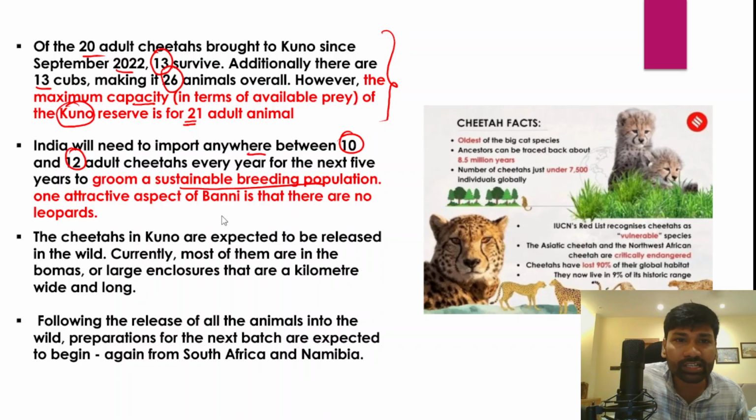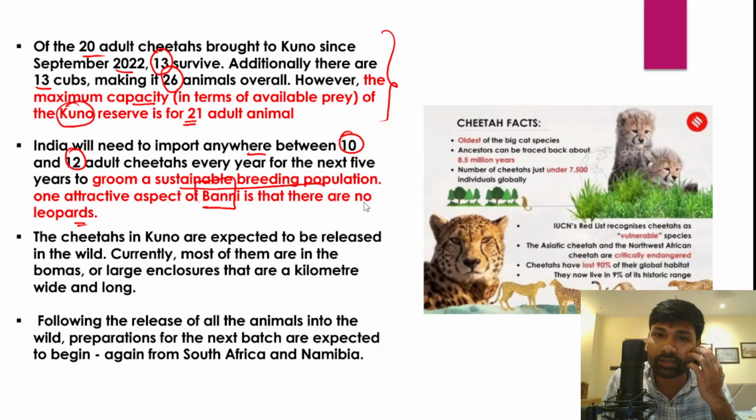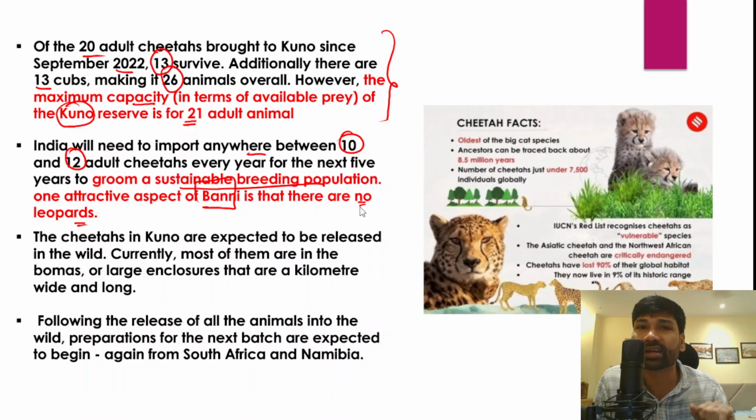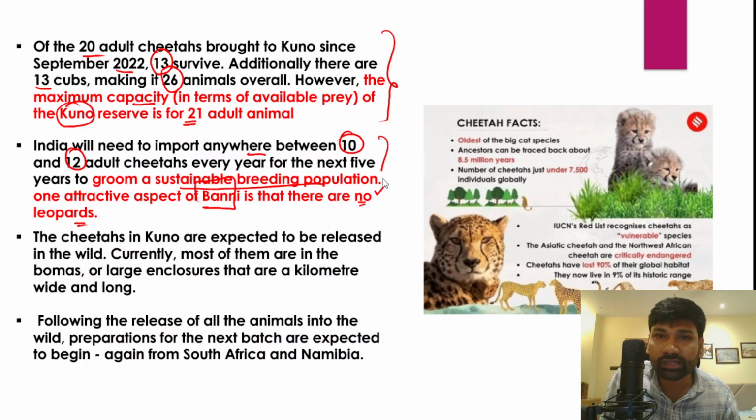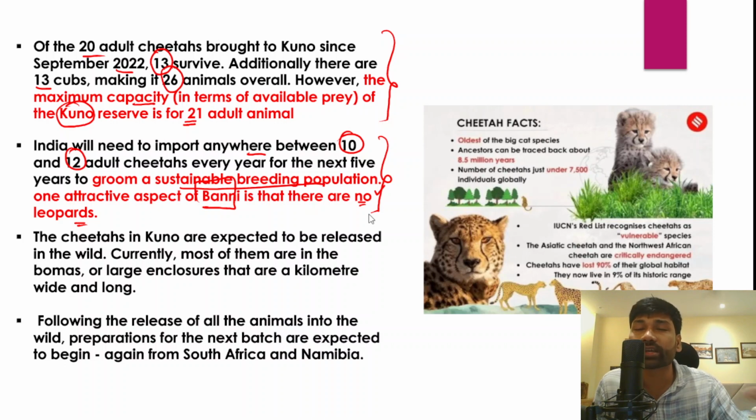And one attractive aspect of Banni is that there are no leopards. Leopards are natural competitors of cheetahs, so when there is no leopard population, this helps a thriving population of cheetahs in Banni grasslands, offering similar climatic conditions.